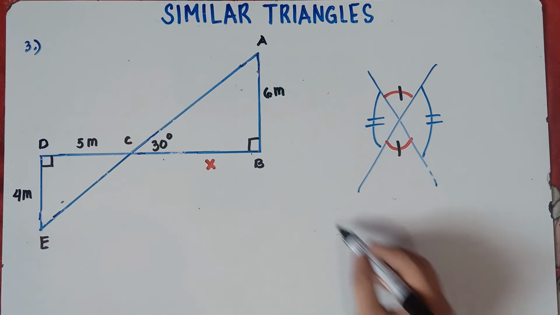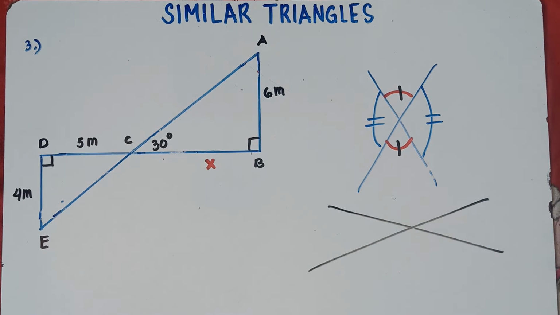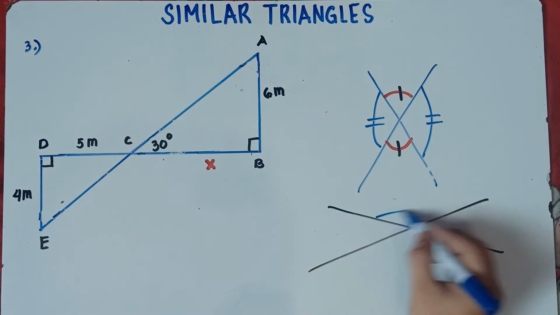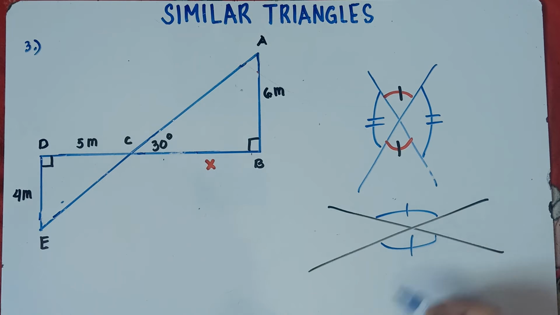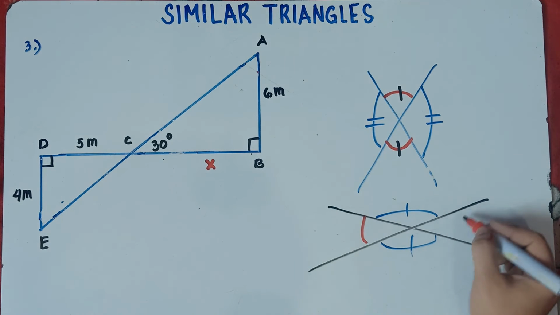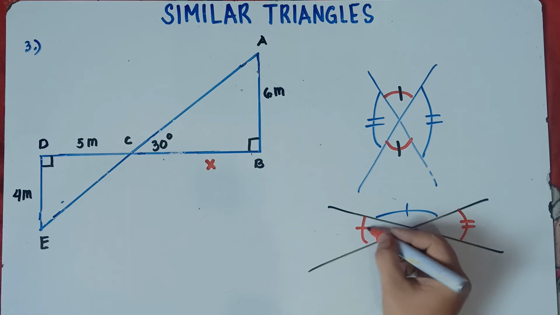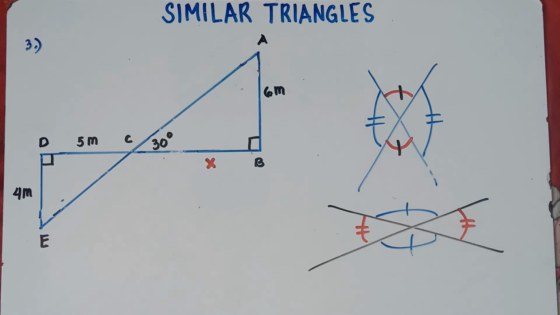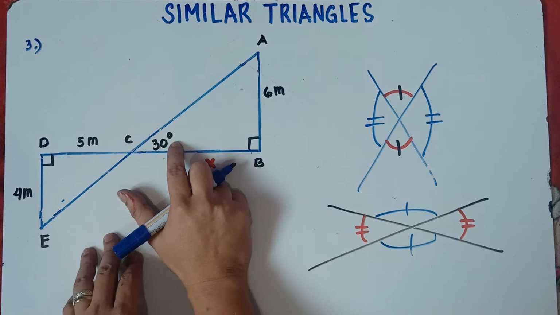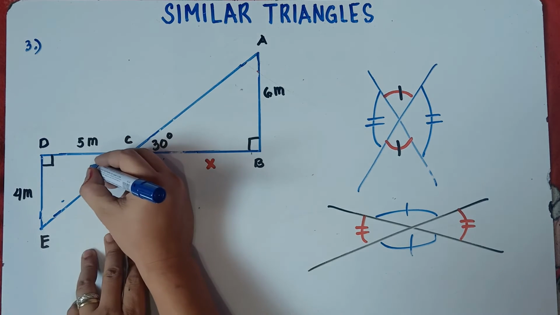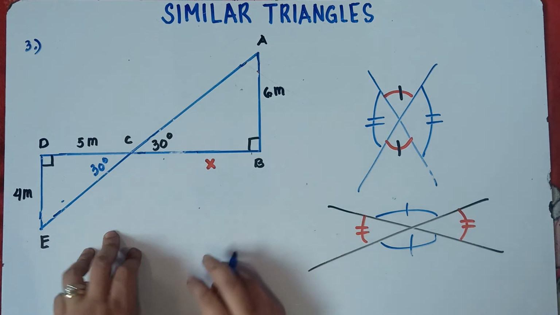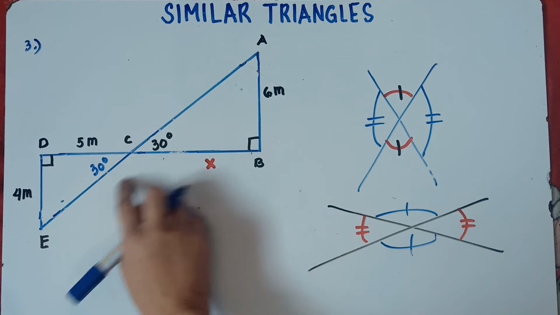Let's draw another vertical angle. If you have these 2 intersecting lines, therefore, this angle is congruent to this angle, and this angle will be congruent to this angle. That's what we call, class, vertical angle. So therefore, if this is 30 degrees, this is also 30 degrees. Why is that, sir? Because vertical angles are congruent.